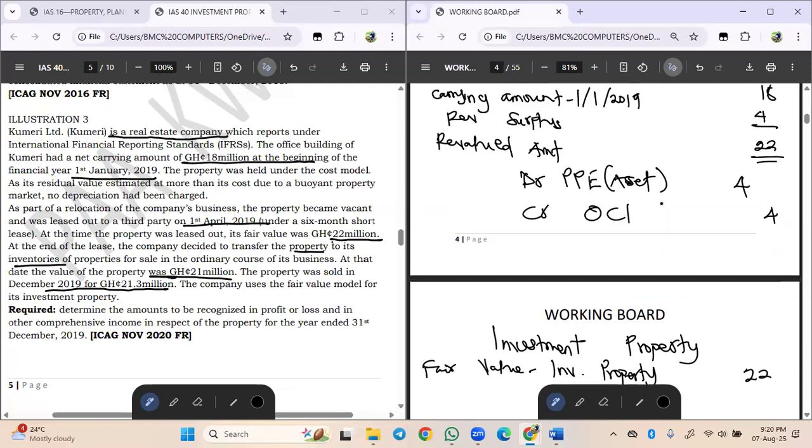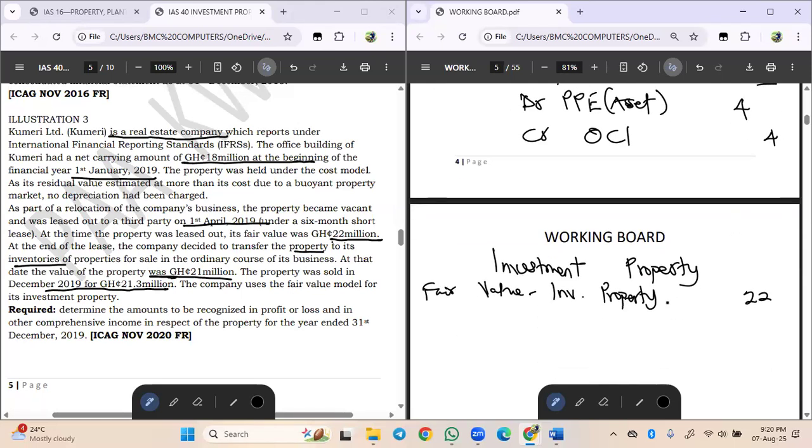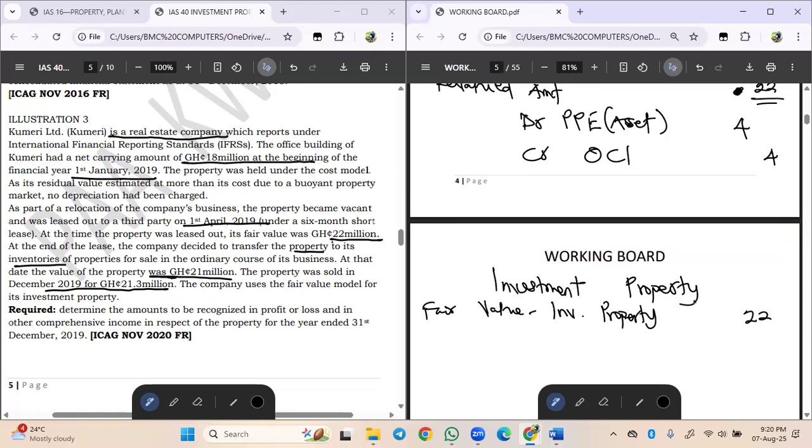You choose the revalued amount, this one. So the ending of PPE amount becomes the starting point of the investment property. I told you that on the date of reclassification, use the previous standard, and subsequently use the new standard they are transferring to.